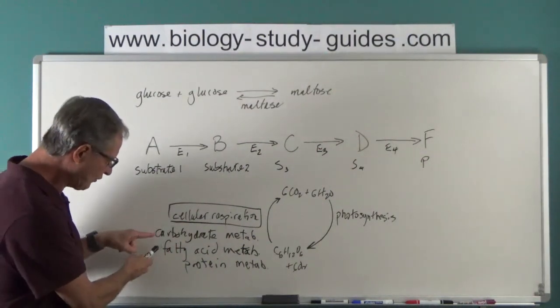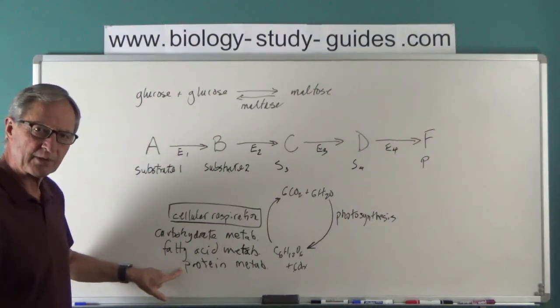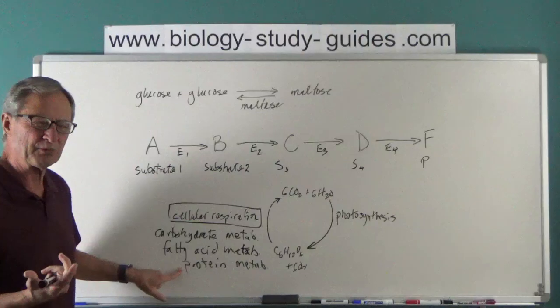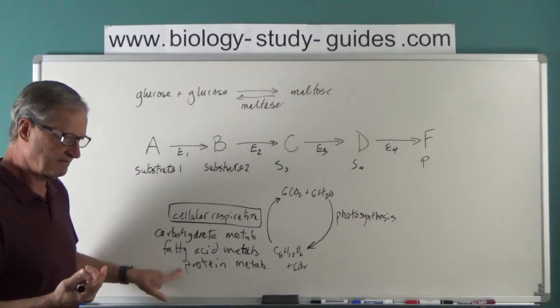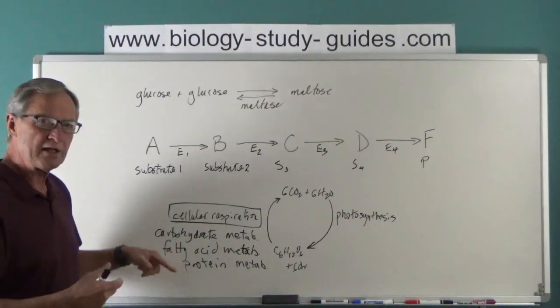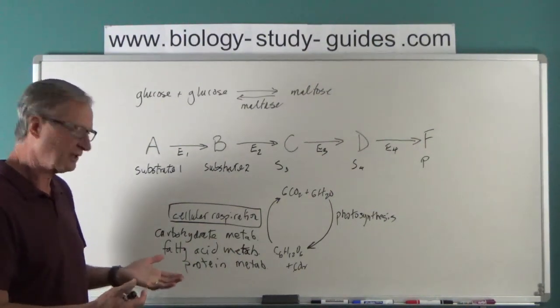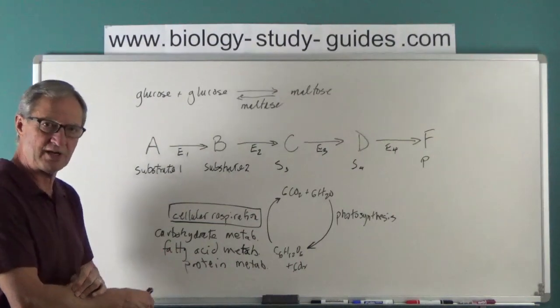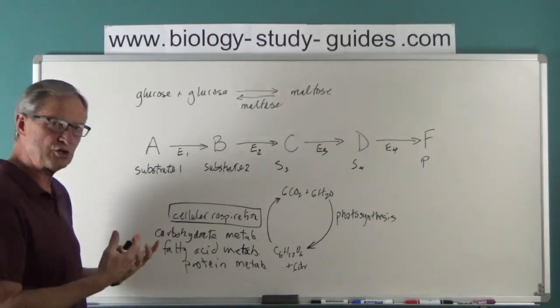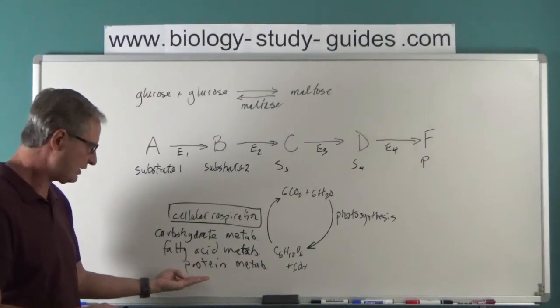If you were in a situation where you ran out of both of those, your body would revert to metabolizing protein. So if you think about people who are starving, you've seen pictures of people who are starving, they are nothing but skin and bone. Well, if you think about it, the bone's there, the skin's there, the subcutaneous fat is gone, and they're using up their muscle tissue. So that's the last in that series.